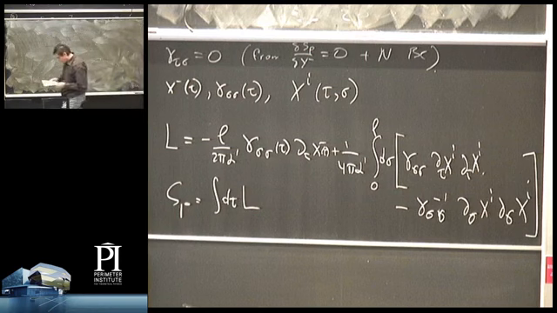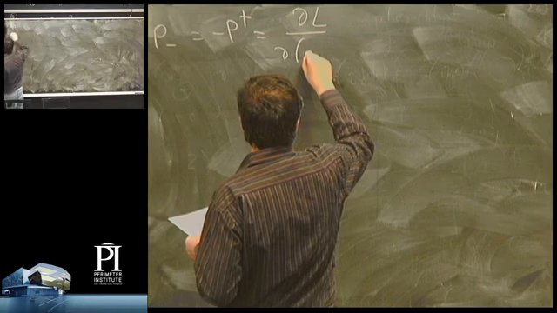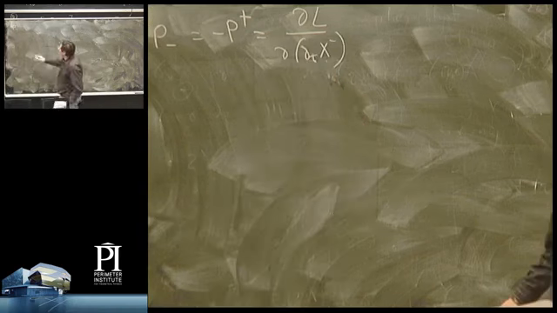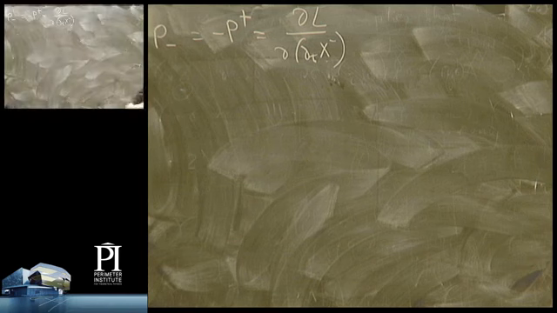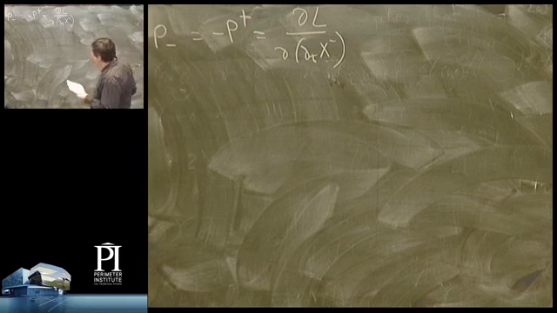So good. So I identified the canonical variables, and so we can now construct conjugate momenta, right? So P minus is the same as minus P plus. So that's the light cone momenta. So that's del L over del tau of x minus, right? I have to compute a variable conjugate to x minus, a conjugate momentum to x minus.